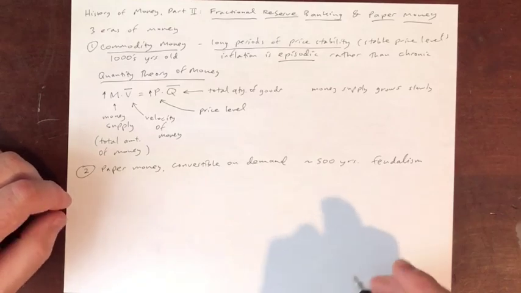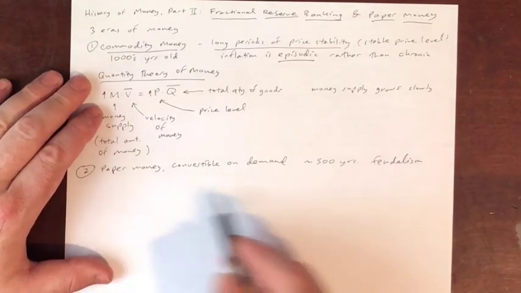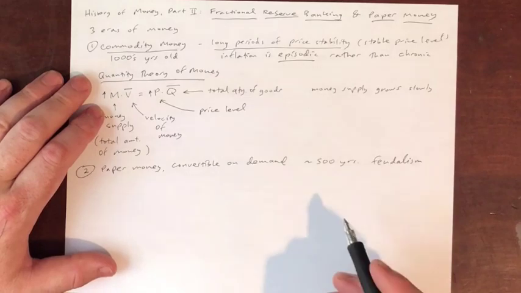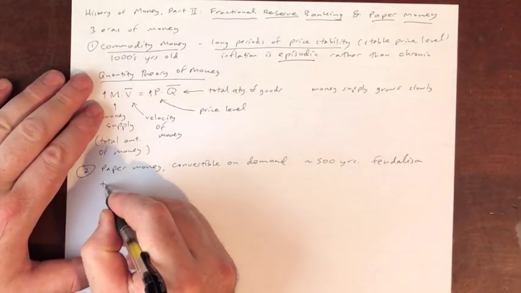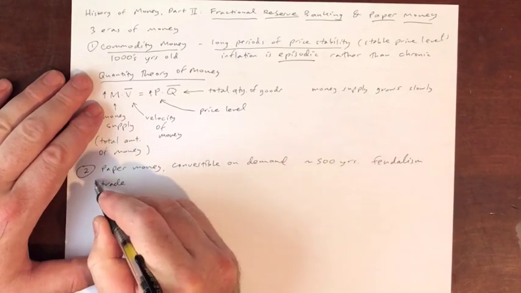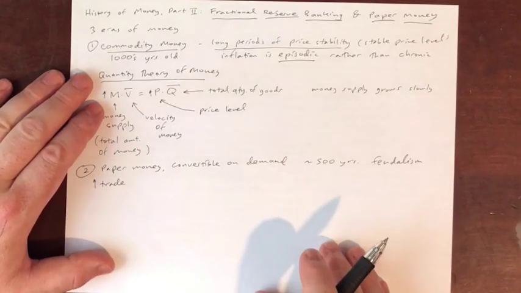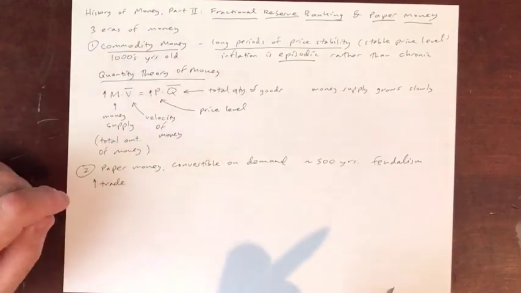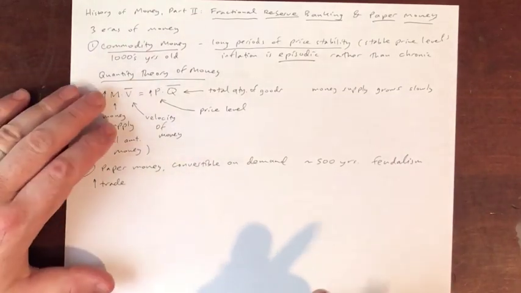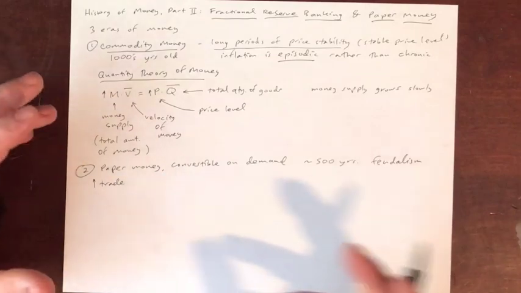So the roots of this new form of money come out of that time period, but a time when trade and markets are going through a rapid development, particularly in the port centers of Europe, places like, for example, Holland.